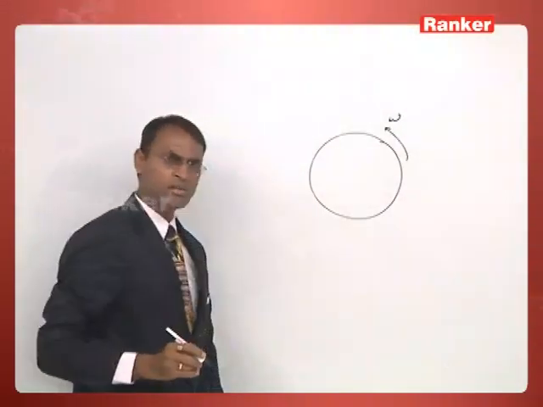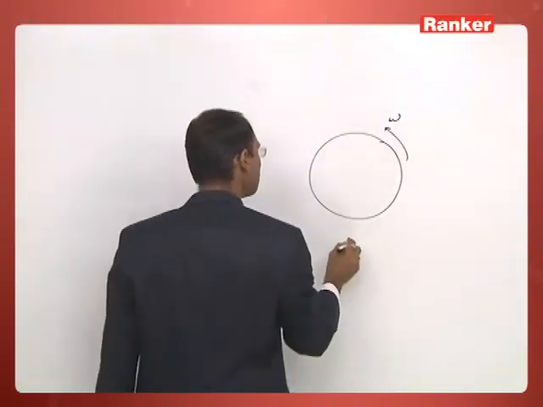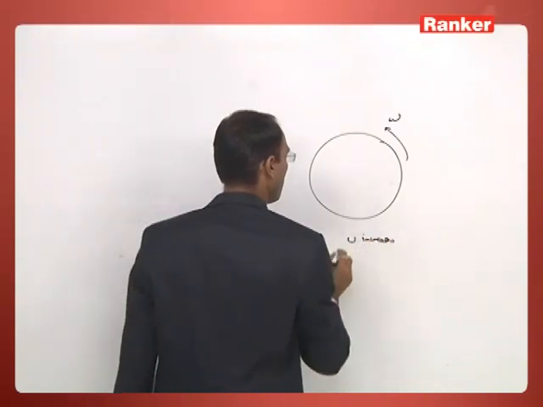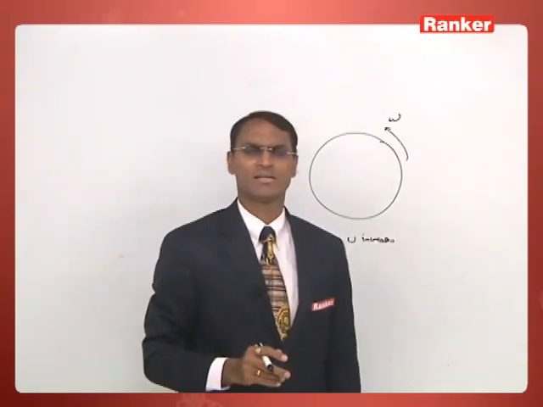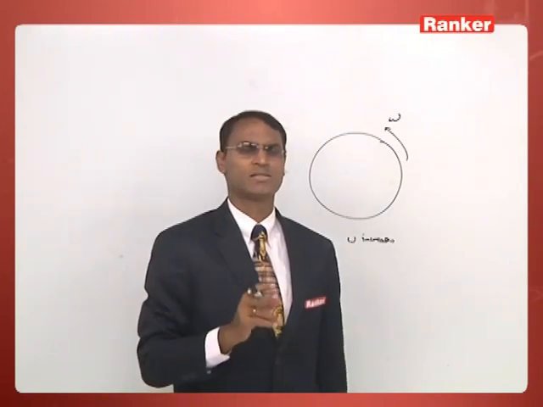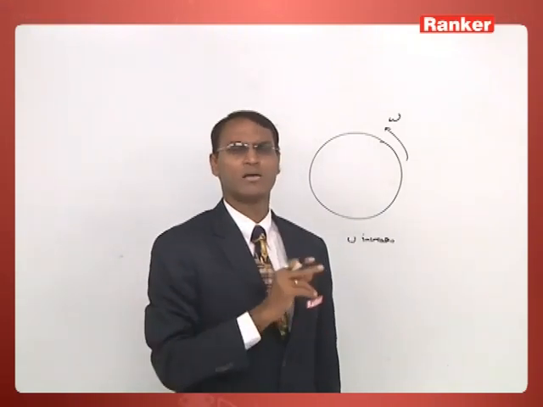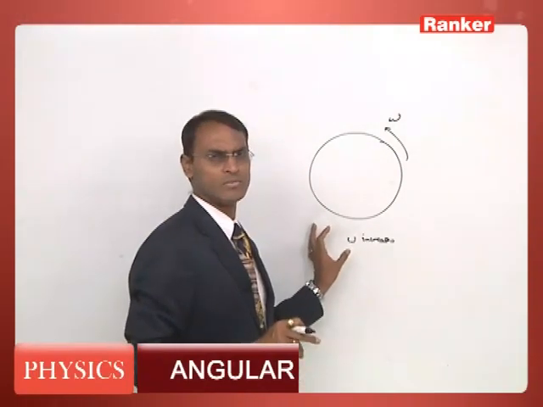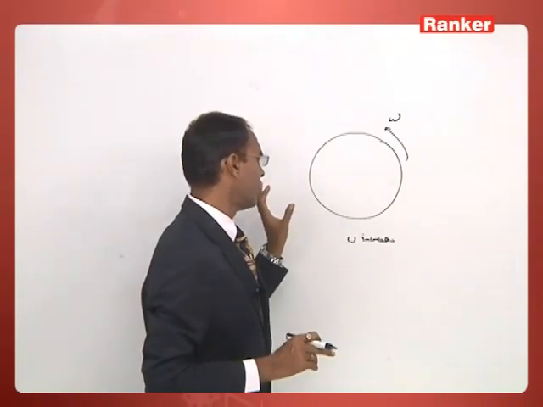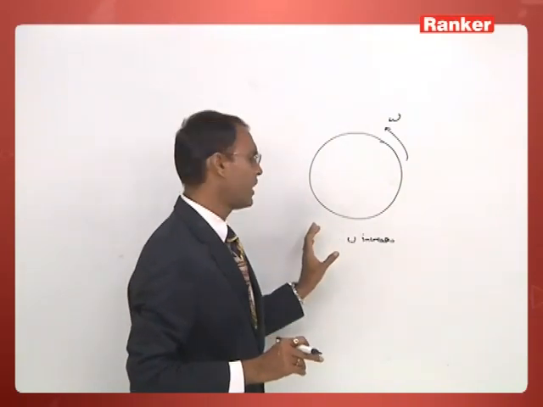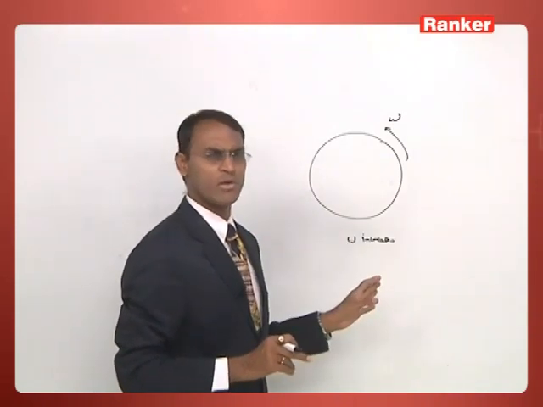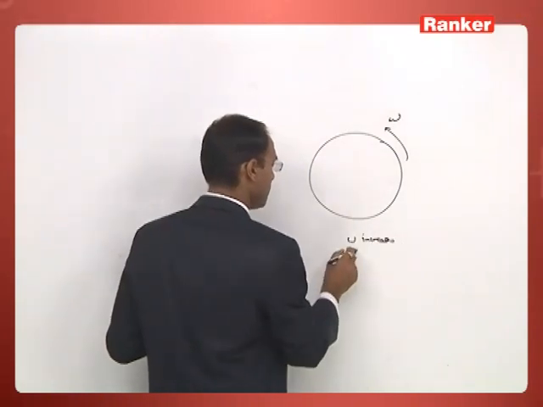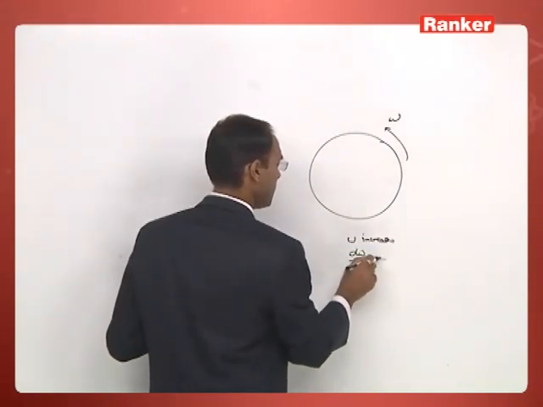Suppose omega is anticlockwise, omega increases. When you use the word increase or decrease, that always implies the magnitude, increment or decrement. Words are used for the magnitudes only. When omega increases, d omega by dt is positive.